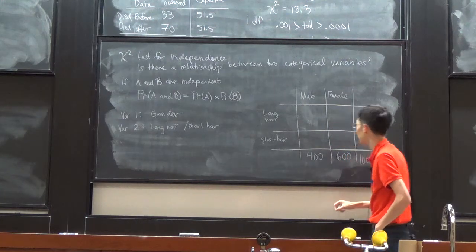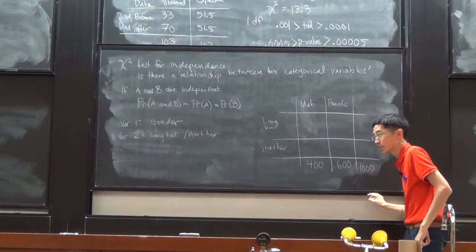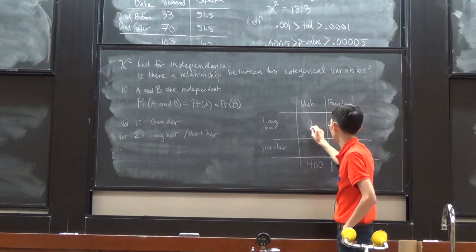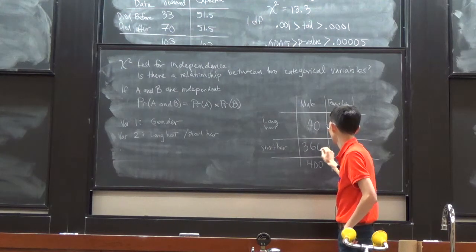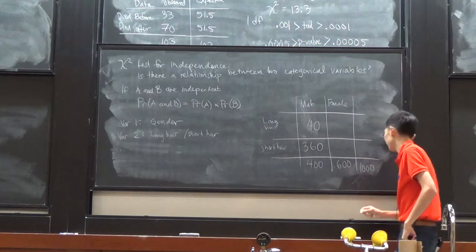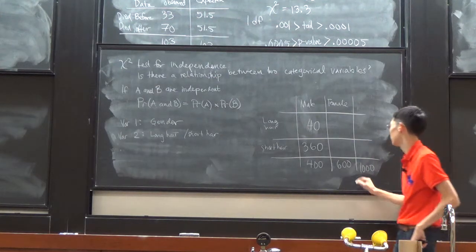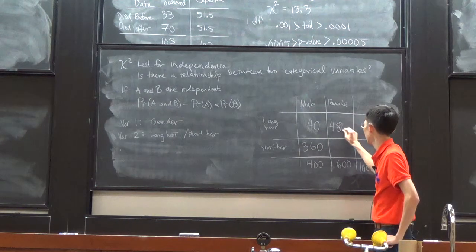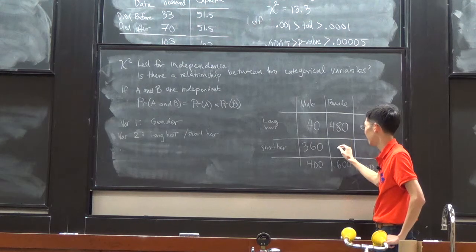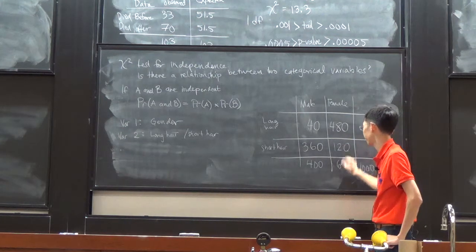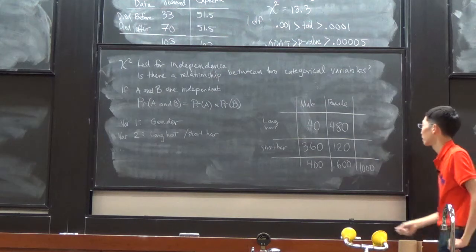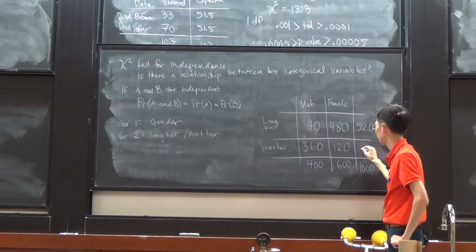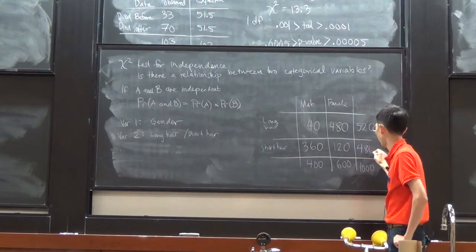So we had 600 females, 400 males. And we will say 40, 360, and 480, and that gives me 120 here. So we have a total of 520 and 480.